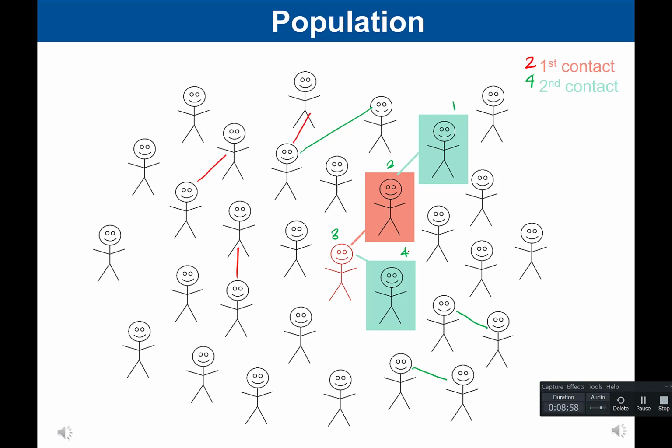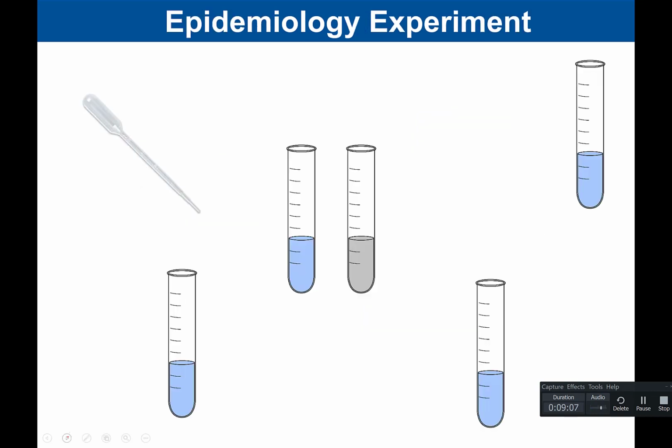And so let's talk about how we would actually simulate this in our experiment. The way that this experiment works is if we have our classroom of our 32 people, each person would be given a test tube. And so each person has a test tube.